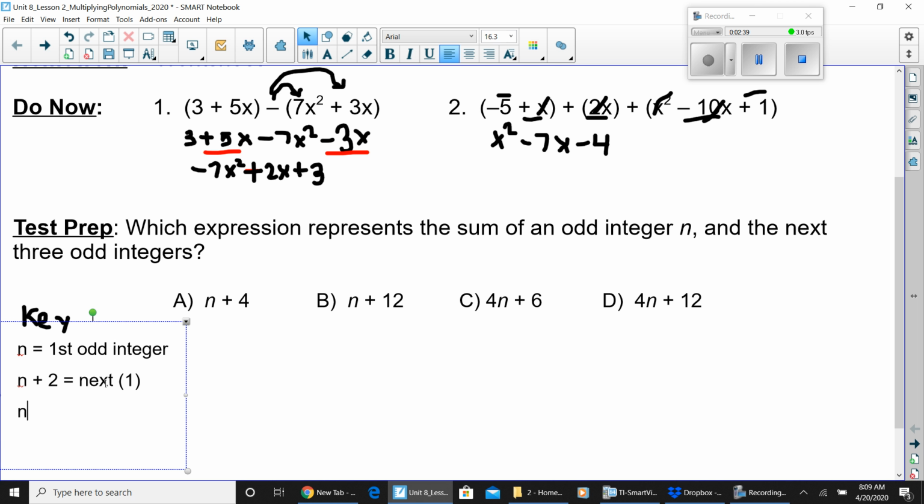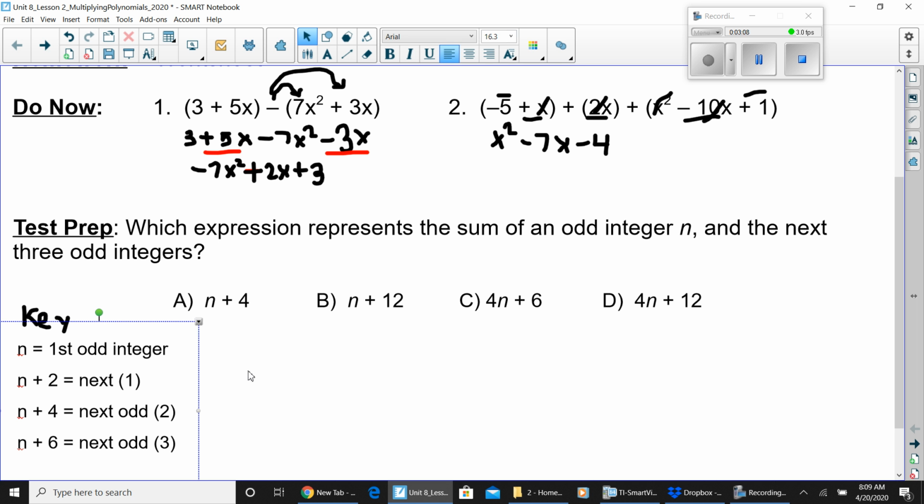And then n plus 4 would be the next odd, and that would be the second. And then n plus 6 would be the next odd, and that is the third.